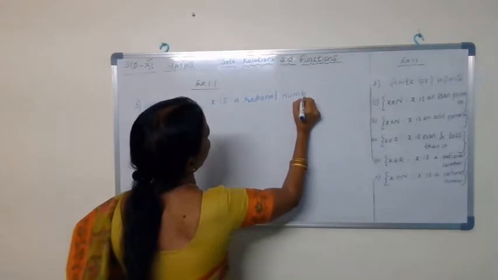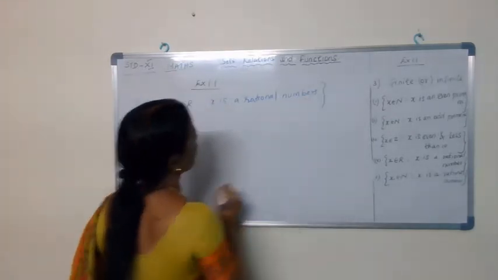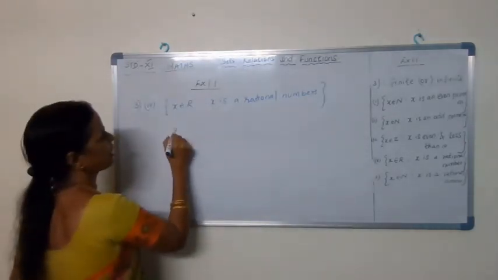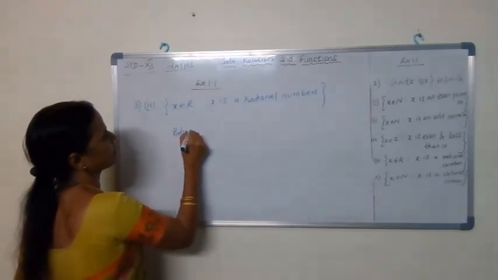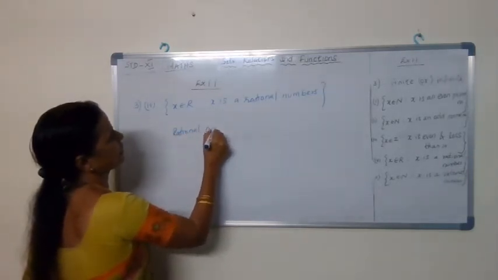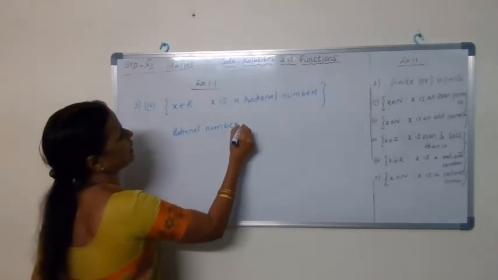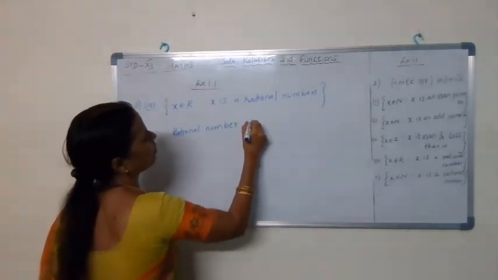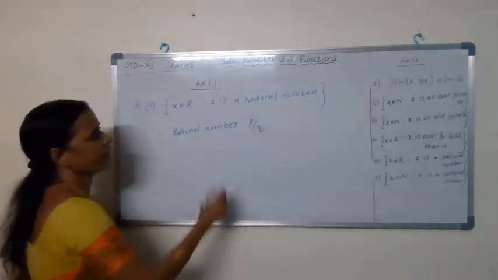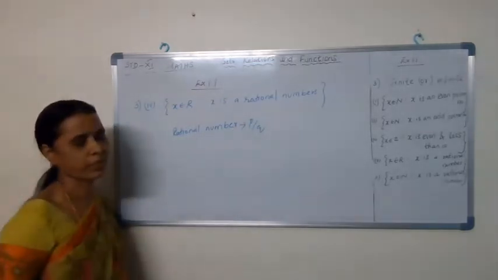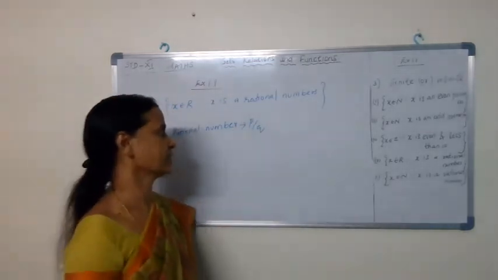What are rational numbers? Any number of the form p by q is called a rational number.